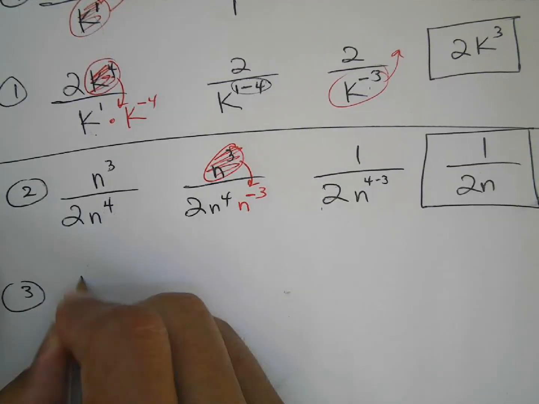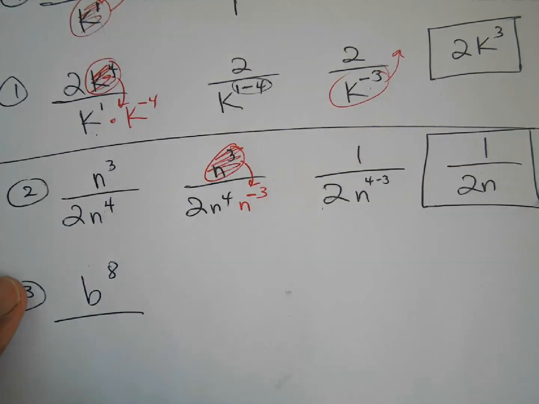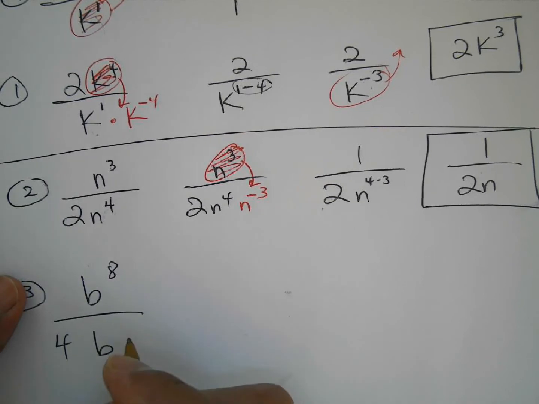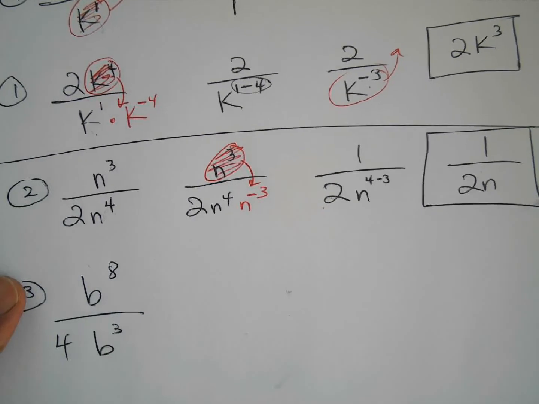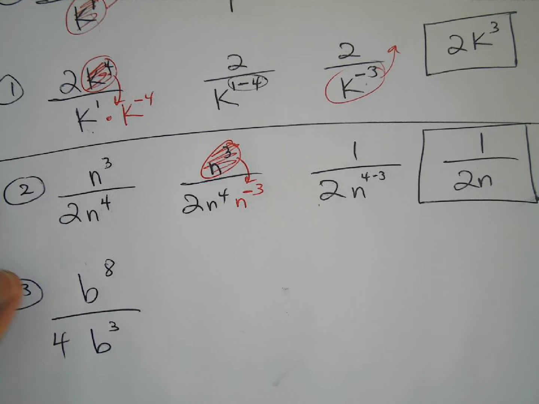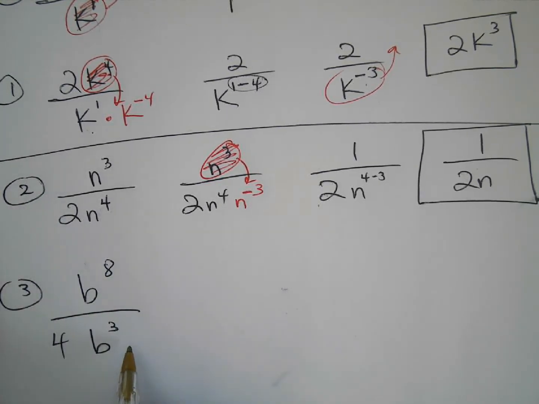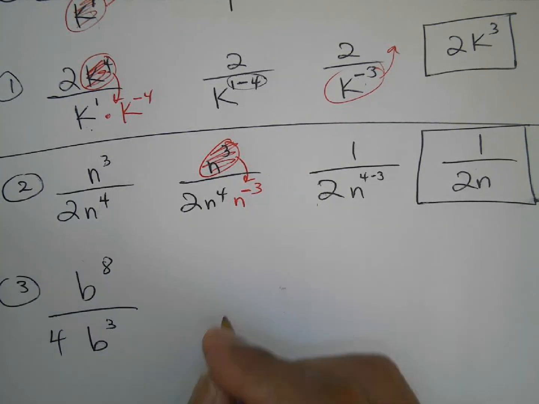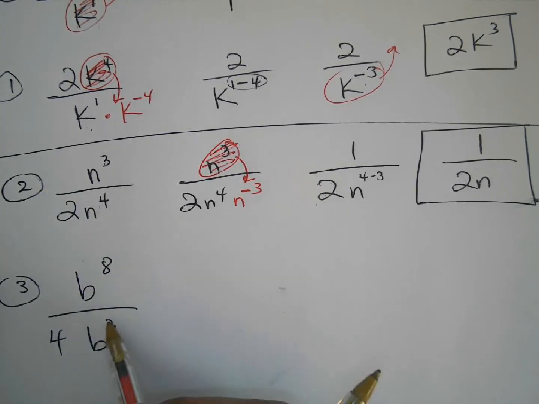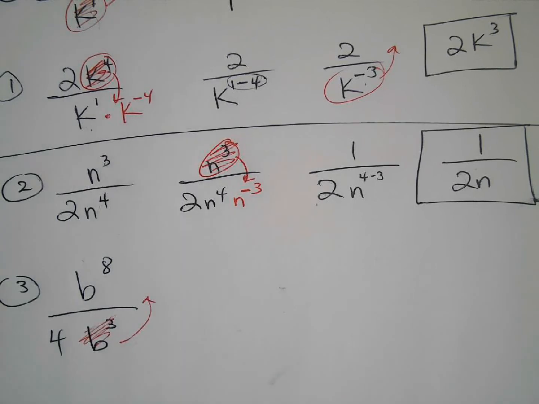Number 3, b to the 8, over 4, b to the 3. So which one should I move? Do I want to move the bigger one down here and make it negative exponent here? No. So let's move this one to the top.